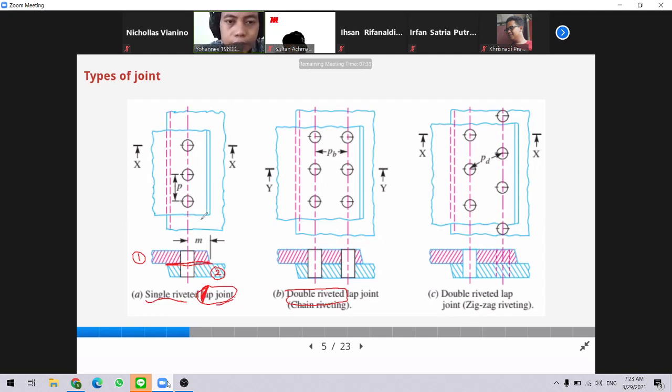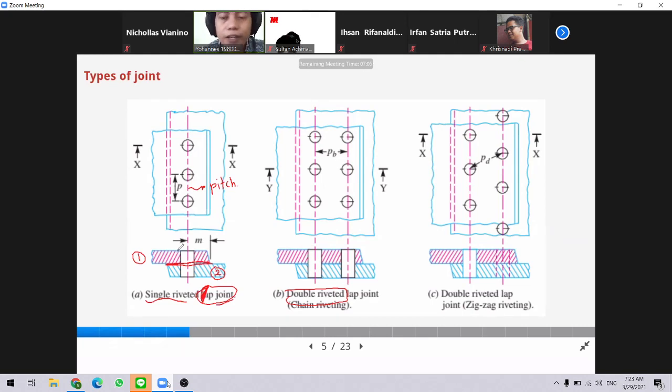Let's make a note here that for single rivet joint, we have a spacing distance between rivets, and we call this a pitch. It means the distance between the center of a rivet and the next closest rivet in sequence.